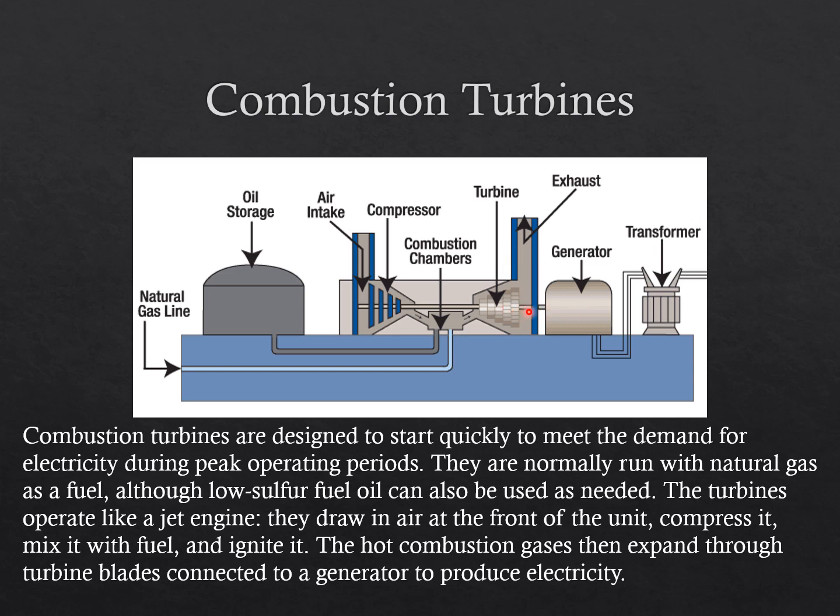See how the power is transferred, or we can say energy is converted from the fuel: use the air, burn it, ignite it, expand it. We're expanding this, and we're going to operate the turbine, which is connected to the generator, and use that mechanical energy.